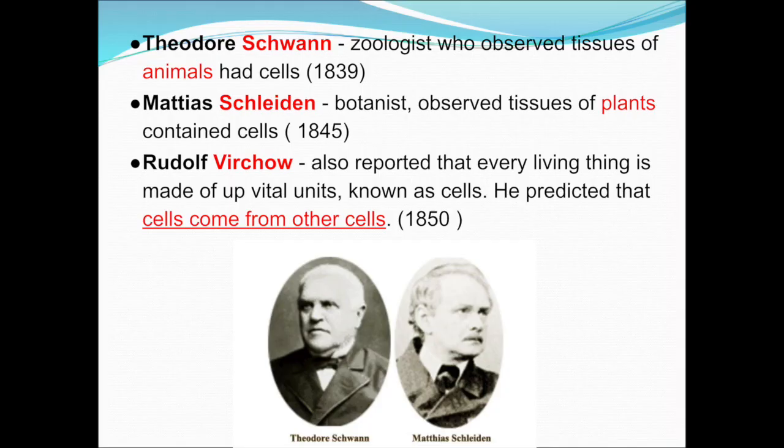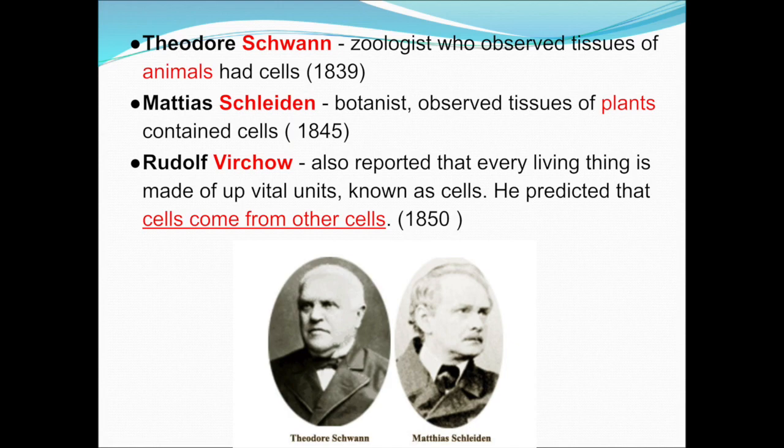Followed by Leeuwenhoek, it was Theodor Schwann. He was a German scientist. He was a zoologist, and in 1839 he found some animal tissues. Tissue is nothing but a group of cells. And after Theodor, it was Matthias Schleiden, and he was a botanist. In 1845, he found some tissues inside the plants.